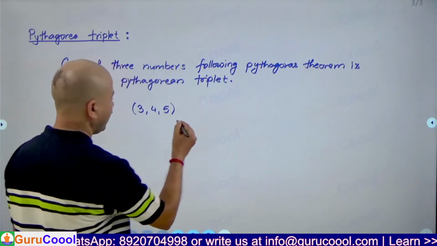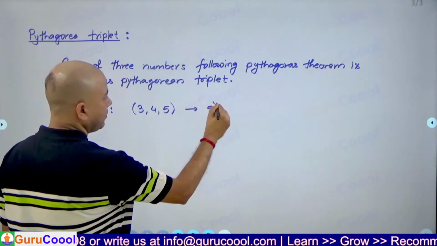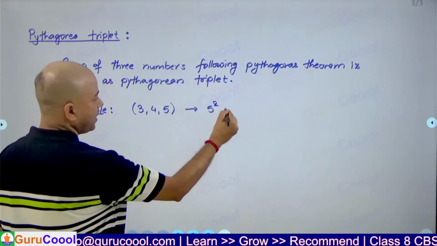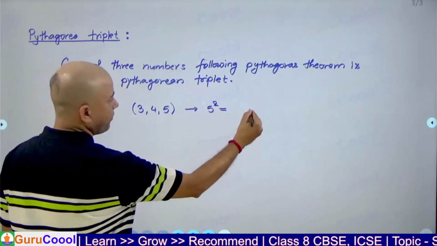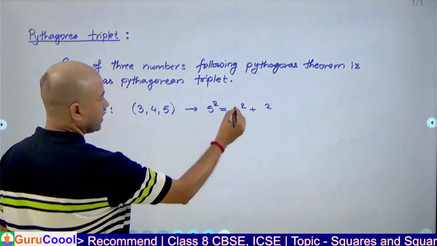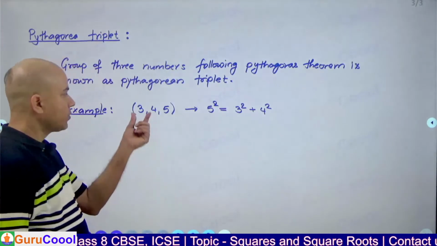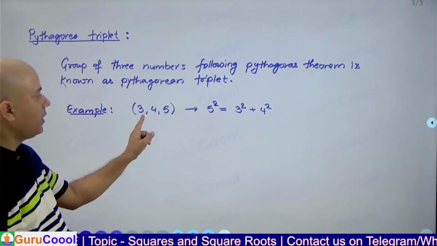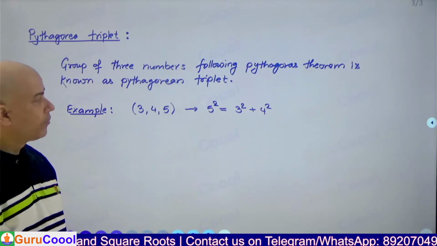The reason is very simple. 5 square, I mean the bigger number squared, is equal to the sum of squares of the other two numbers. If you square the smaller two numbers and add them together, that will be equal to the square of the bigger number, the biggest number, right?